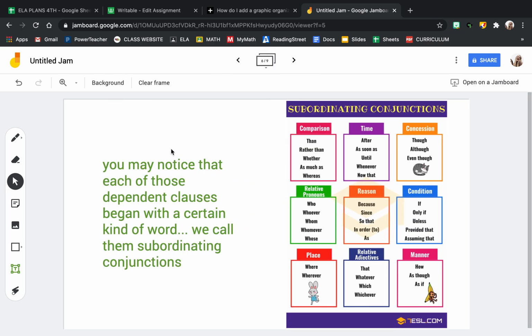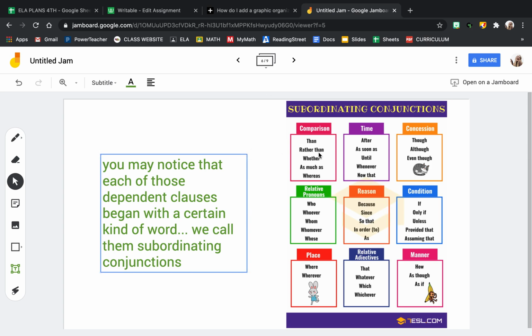So each of those words that I was just talking about, we call these subordinating conjunctions. So we already learned about the regular conjunctions. Those were the fanboys: for, and, nor, but, or, yet, so. Those were the regular conjunctions, okay? Now we have subordinating conjunctions, and there's a lot more of these.